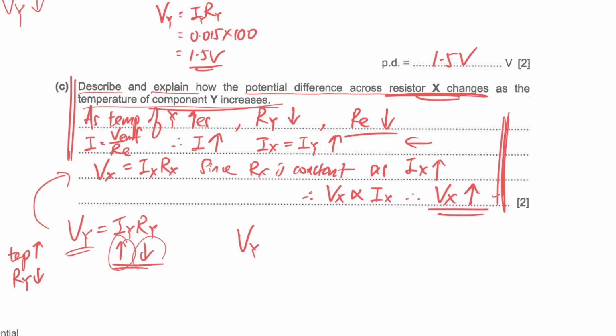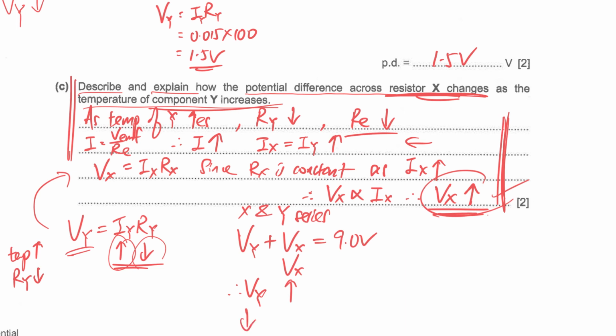After you have gotten this, you will say that both X and Y are connected in series, so the sum of potential difference across X and Y must equal the EMF, which is 9 volt. Since we already explained that your Vx will increase, therefore your Vy has to decrease.